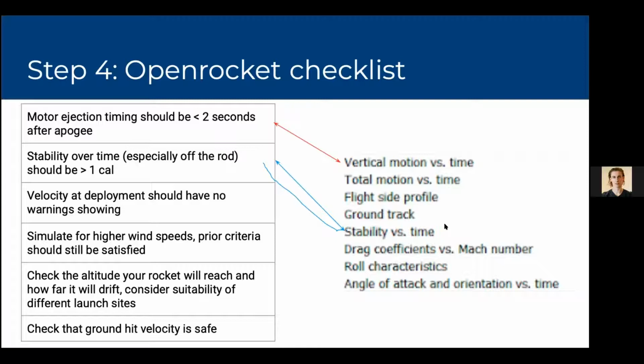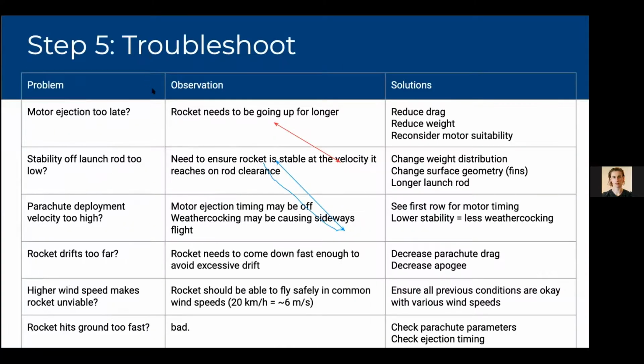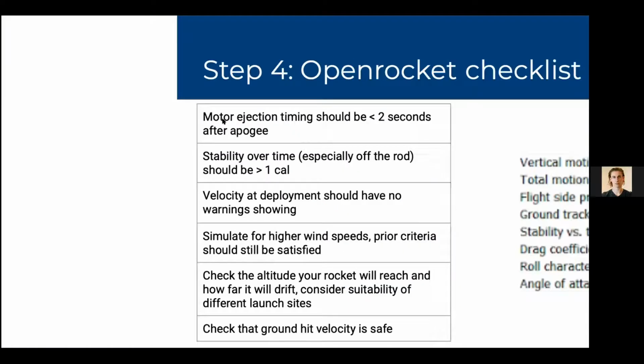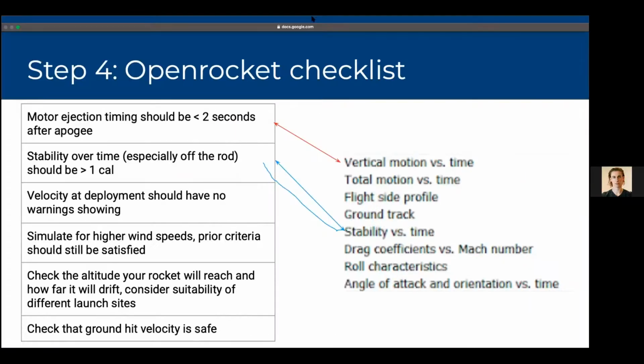And for all of these criteria, you always want to check it for a wide range of wind speeds. Your rocket is going to behave very differently in 2 meters per second wind, which is roughly 7 kilometers an hour, like a light breeze, versus up to 6 meters per second, which would be about 20 kilometers an hour, a reasonably windy day.